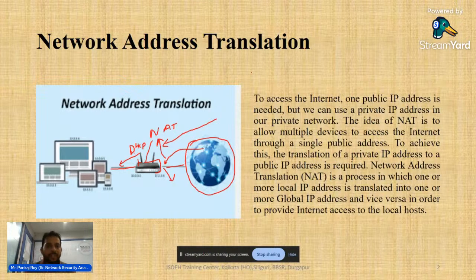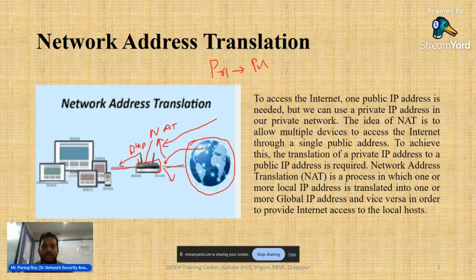So that is one type of security. If an outside person is unable to know my private address, they cannot come into my network. That is one good sign for network security.